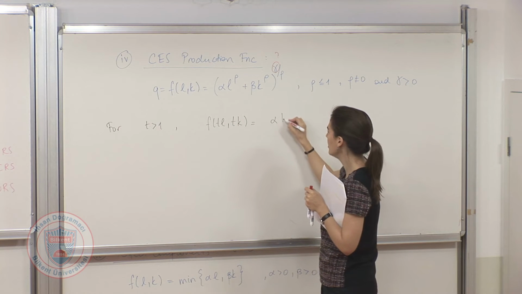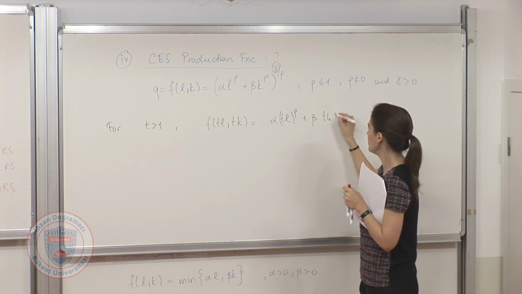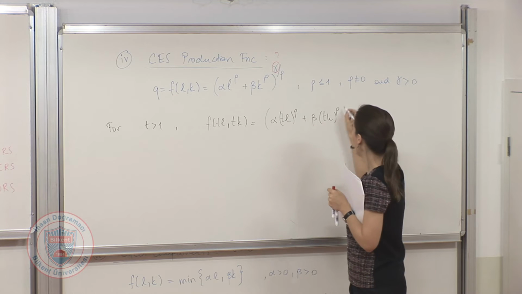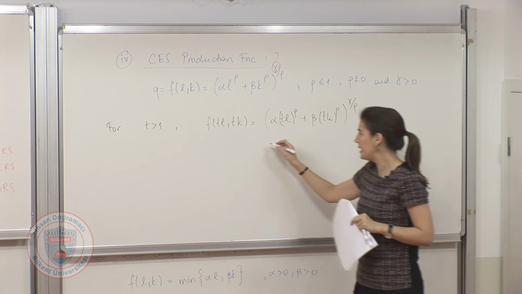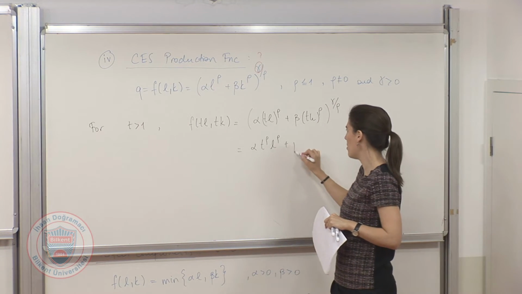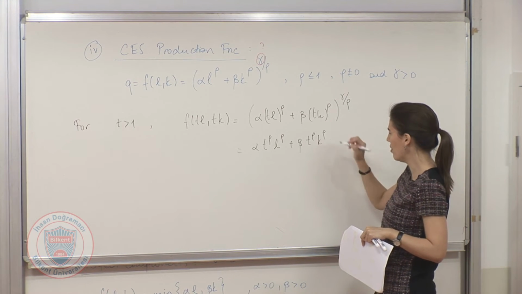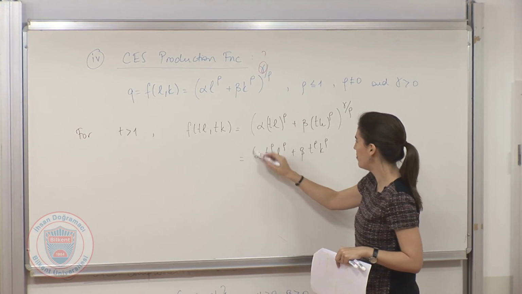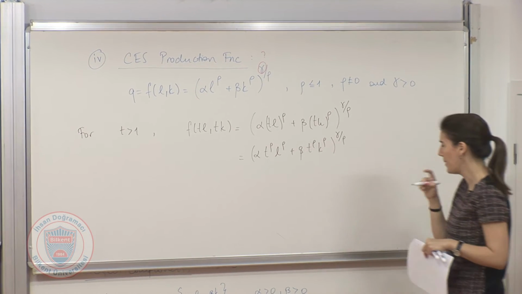So alpha (tL) to the power rho, beta (tK) to the power rho, and then to the power gamma divided by rho. Now here I have alpha t to the power rho, L to the power rho, beta t to the power rho, K to the power rho, to the power gamma over rho.